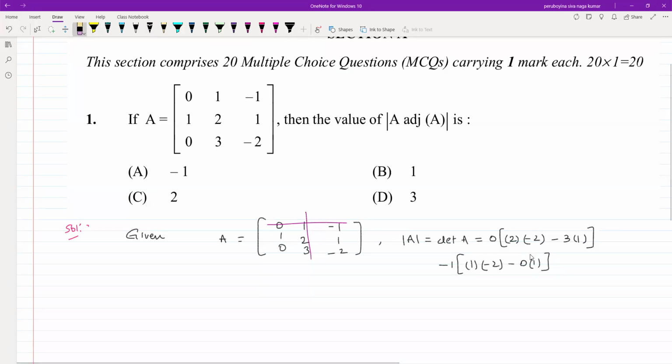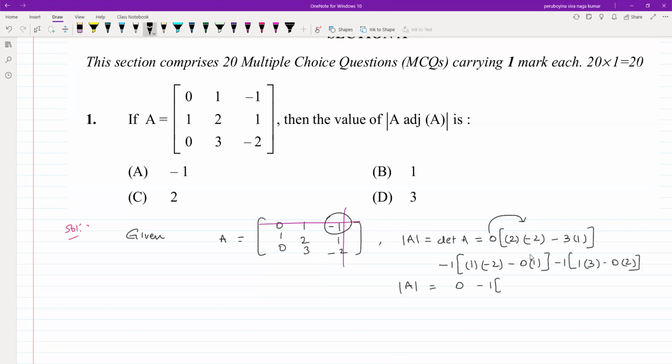And next, the last value, delete this row and column. So this value is minus 1 of 1 into 3 minus 0 into 2. So therefore, det A equal to 0 into anything, 0.